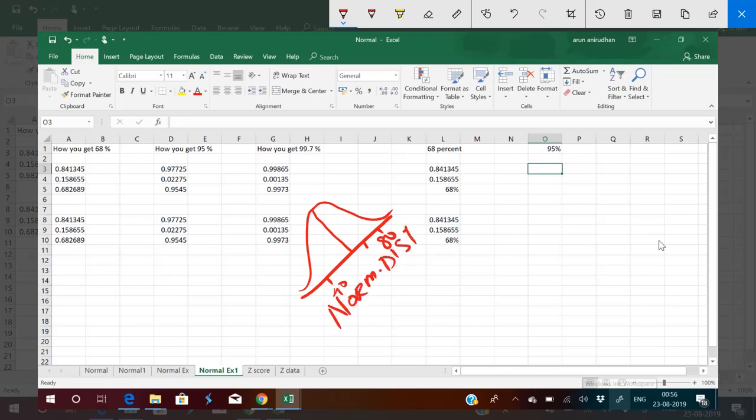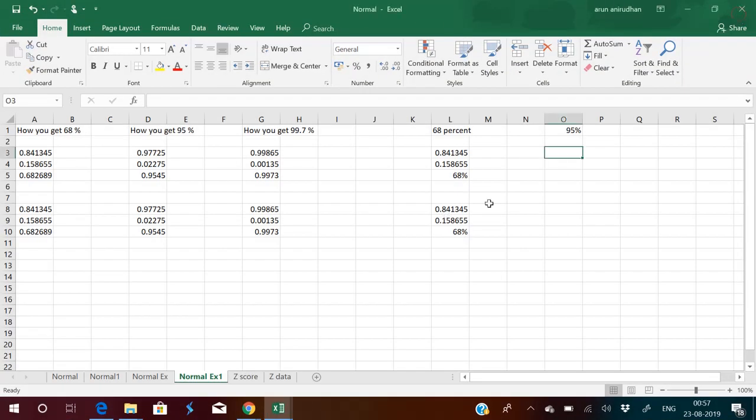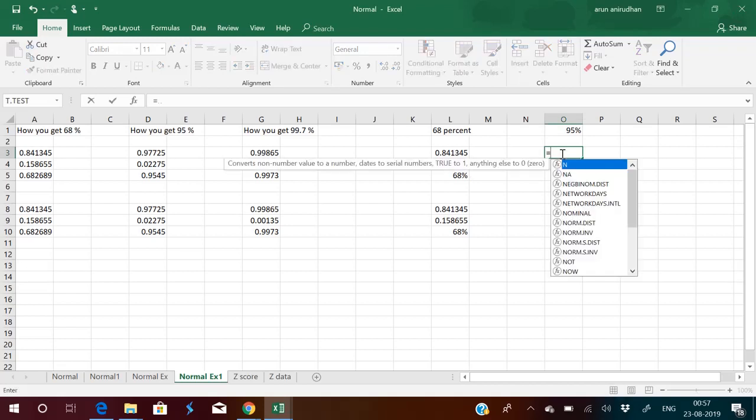So if you are using the other one, Norm.S.Dist, what does it mean? Your normal distribution is 2 standard deviation and minus 2 standard deviation. So when you're using standard deviation, you use the formula Norm.S.Dist. Okay, this is for the 95%. So how we are going to get the 95%? That's what we are going to see. So first one, Norm.Dist.